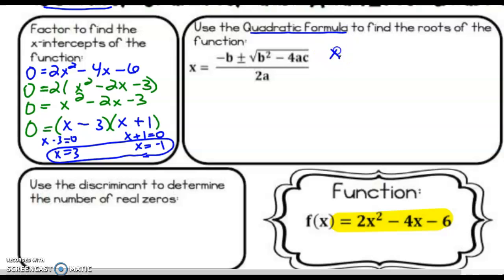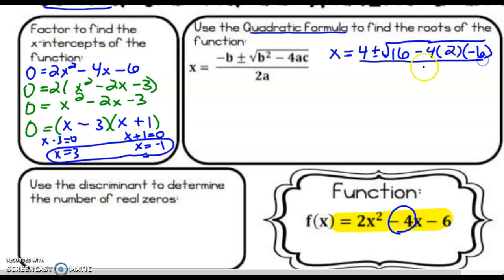Alright, let's do this same equation, but solve it by using the quadratic formula. So x equals negative b, and b is negative 4, so negative 4 would just be 4, plus or minus the square root of negative 4 squared, which is positive 16, minus 4 times a times c, all over 2 times a.